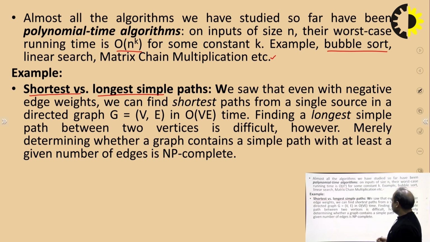We know that we can solve the shortest path problem even with negative edges in order of VE time, like the Bellman-Ford algorithm, where V is the number of vertices and E is the number of edges.